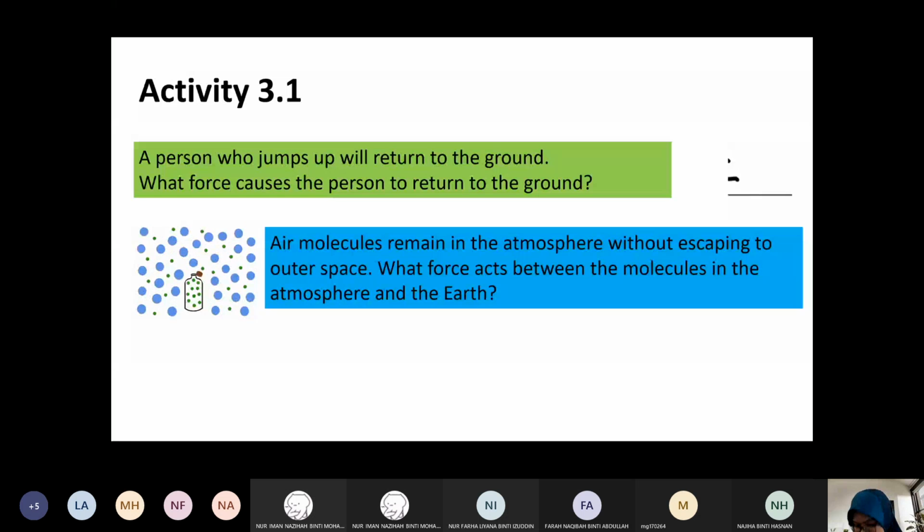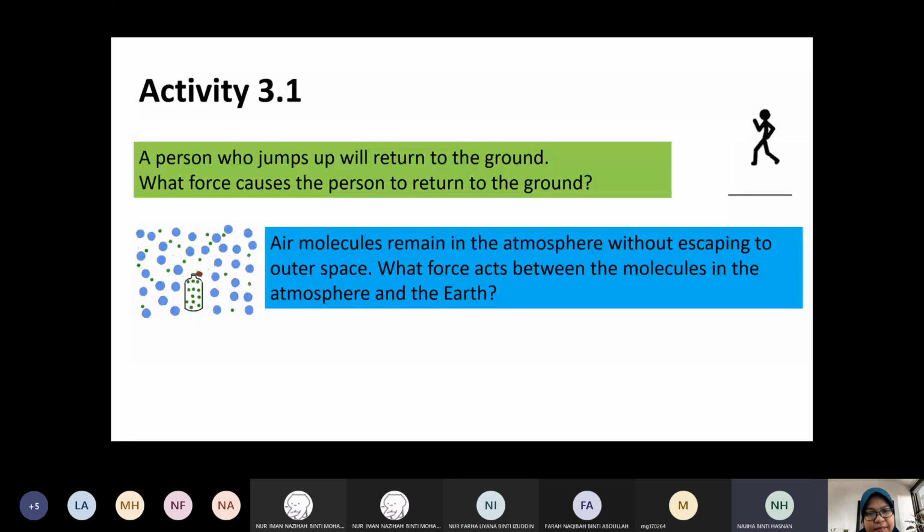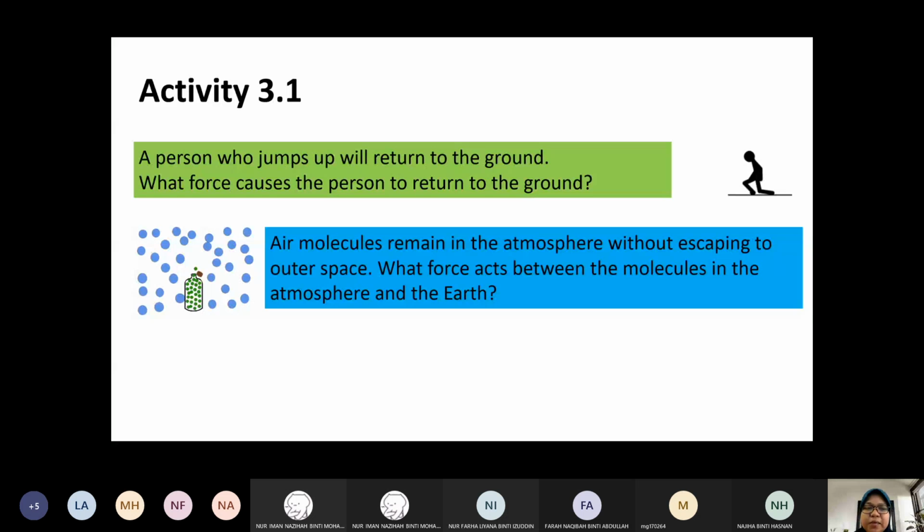Sempat tak cari Google? Okay, we will look back at this question. Apa yang menyebabkan what force acts between the two molecules? The molecules in and the earth.